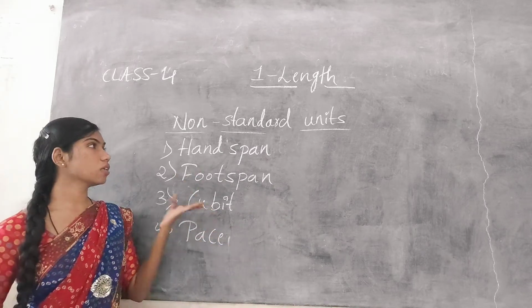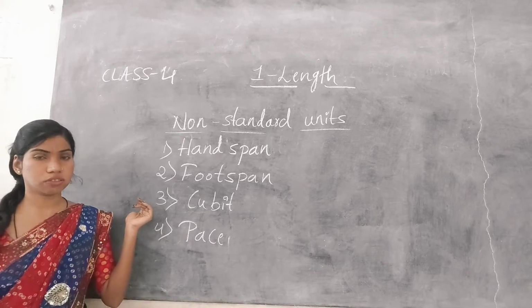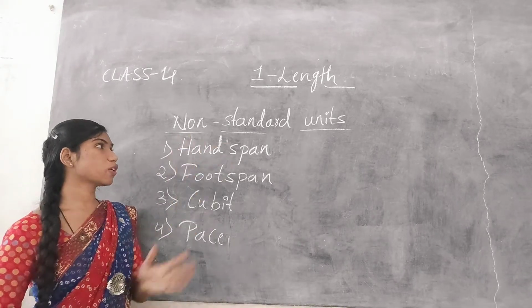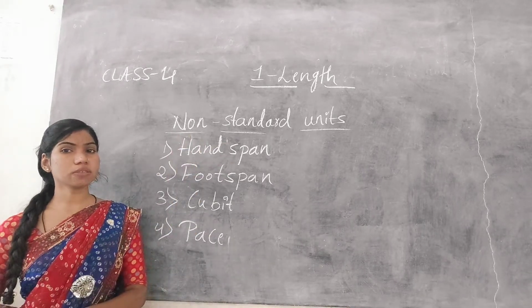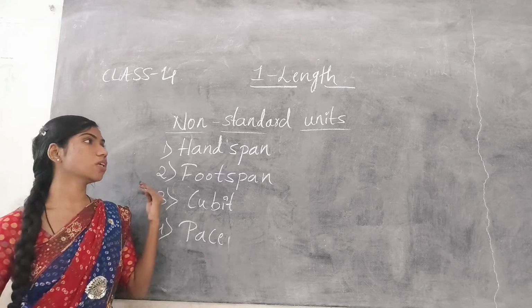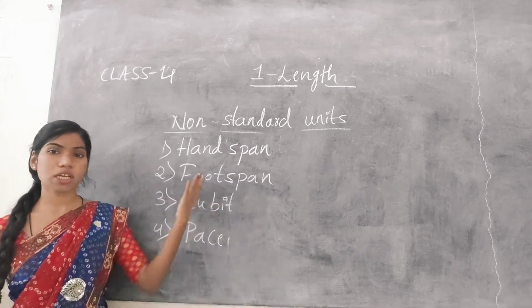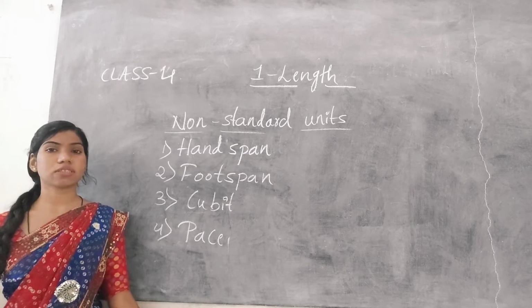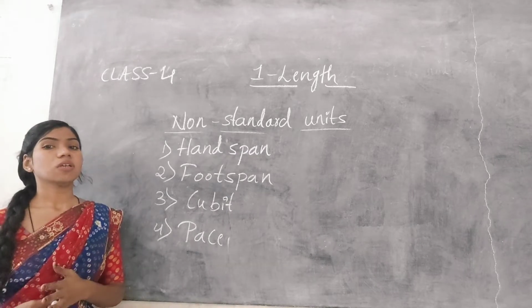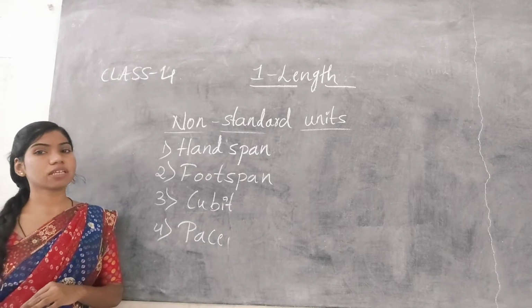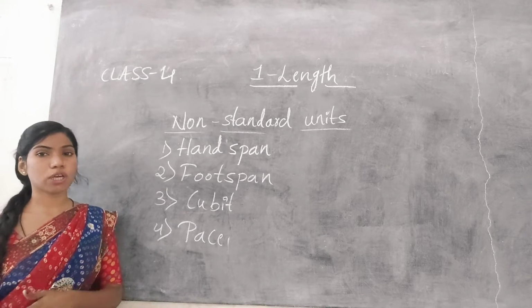These we call non-standard units. Why do we call them non-standard units? Because to measure the length of the object, we use our body parts, and everybody has different lengths of body parts.